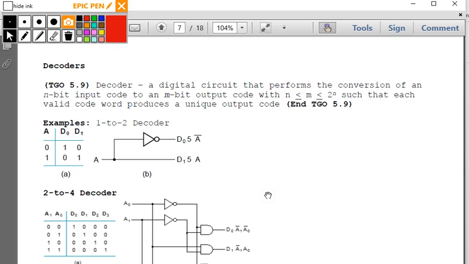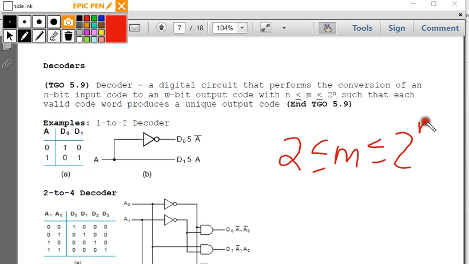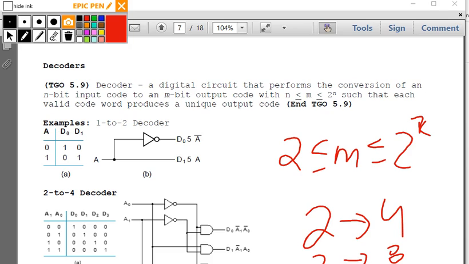For example, if the number of inputs is 2, n should be less than or equal to m, which should be less than or equal to 2 to the 2. Therefore, at most you want a 2 to 4 decoder, or 3 to 8, 4 to 16, 5 to 32, and so on.